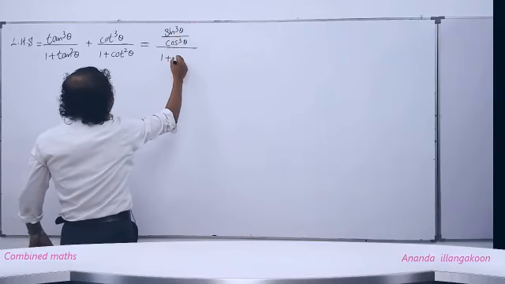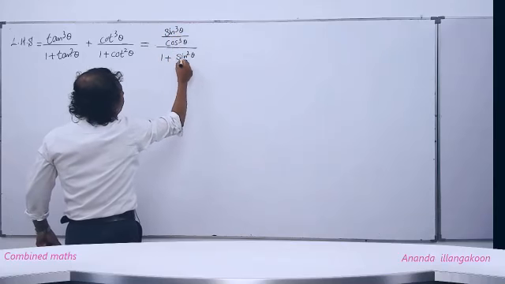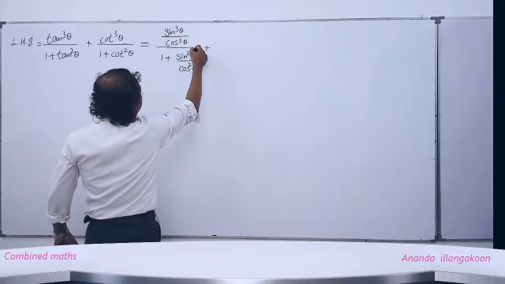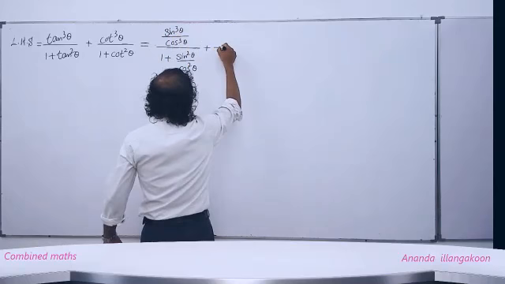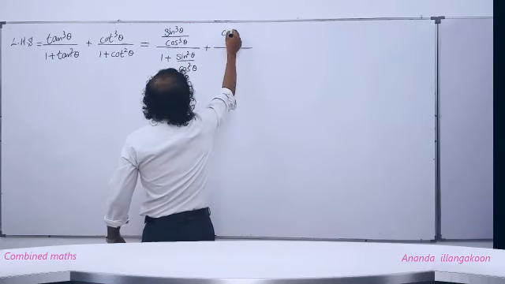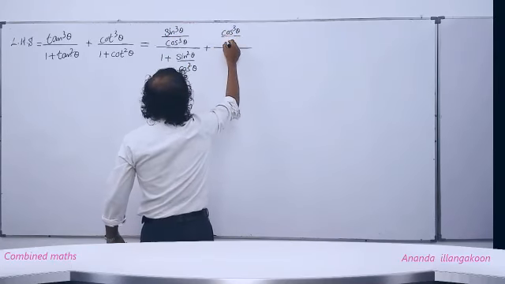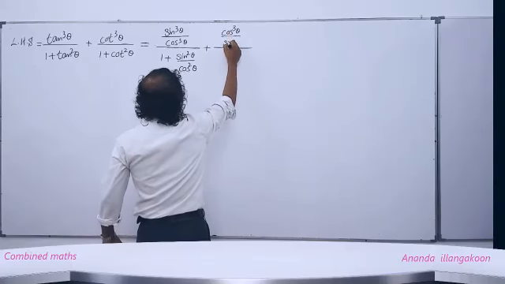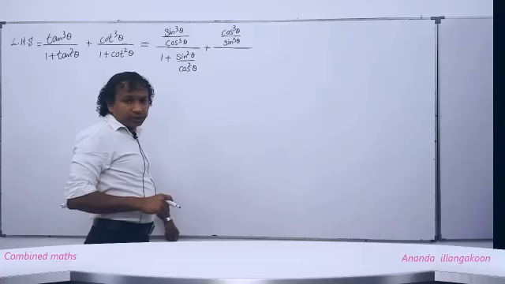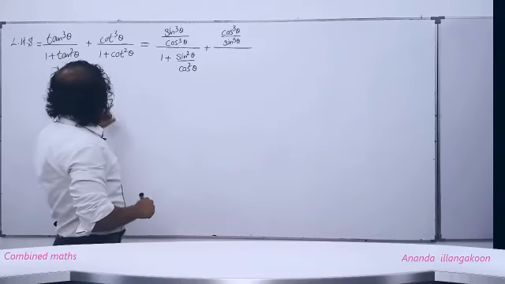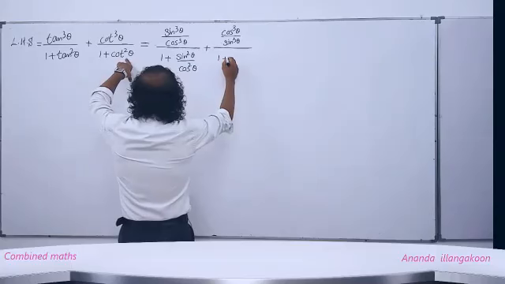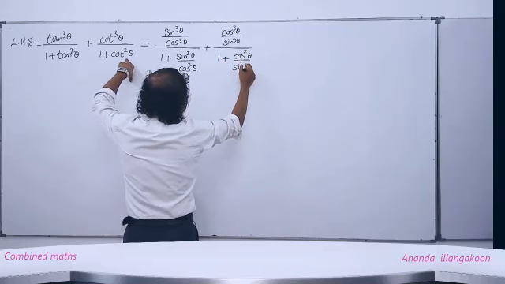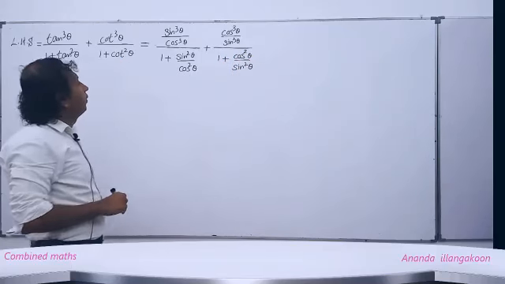One plus tan square theta means 1 plus sin square theta divided by cos square theta. Cot cube theta is cos cube theta divided by sin cube theta. Cot means cos divided by sin, no? And here cot square theta is cos square theta divided by sin square theta. Right, this is what we have.